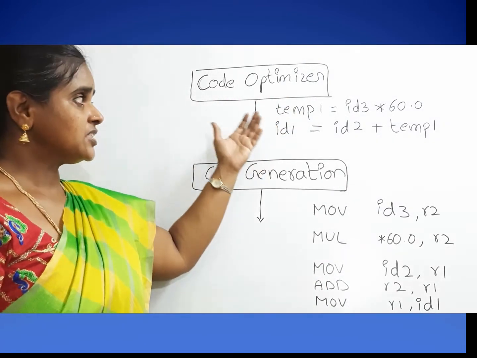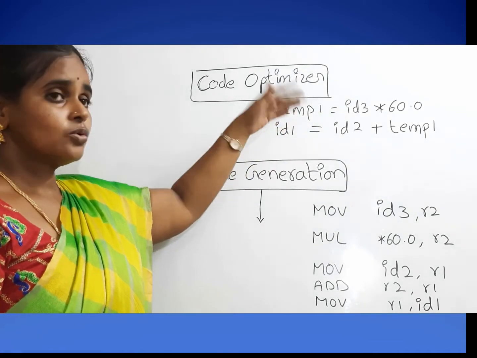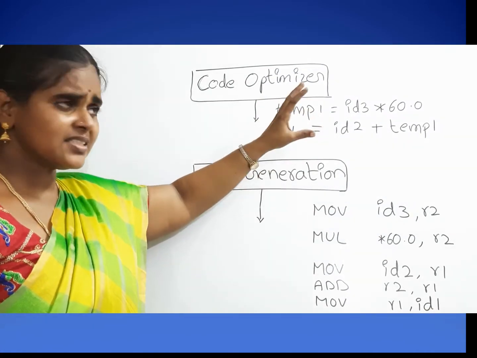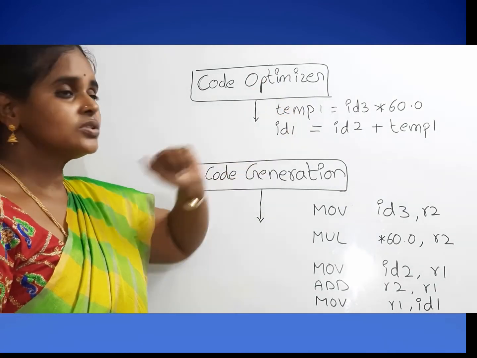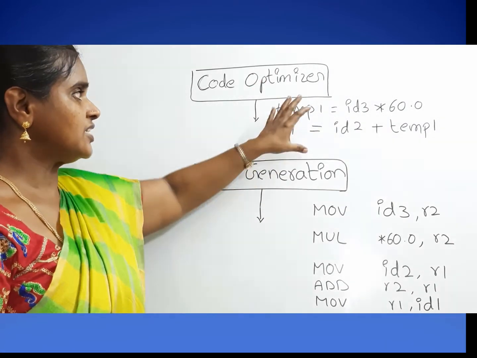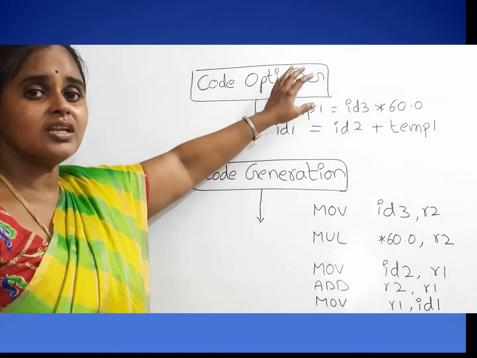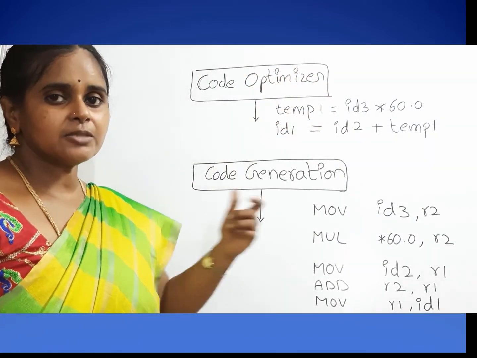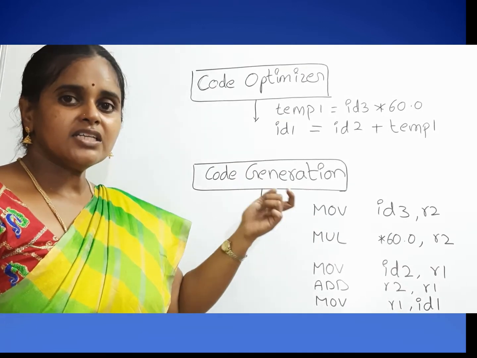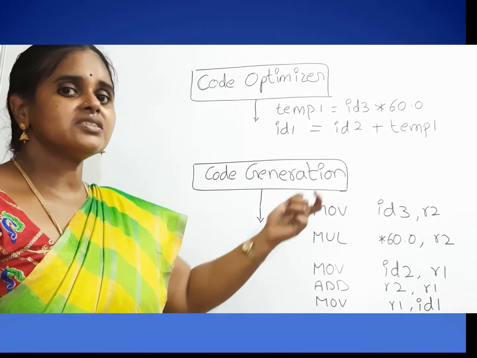In the previous step, I explained how the code is going to be generated. The same code you can convert in terms of these 2 statements only. The code optimizer's role is to optimize away the unnecessary steps. The first step is temp1 equals int to float 60.